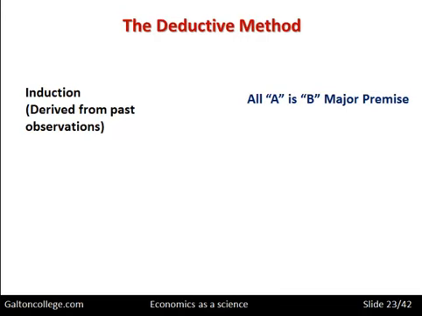So we've based it on our past observations and we've induced that all A is B. Every time the price of petrol rises, less petrol is sold. Every time. We've got that by making observations. We made a lot of observations. We come up with this generalization. Through the principle of enumeration, we've counted up and we said, okay, we'll generalize. Every time the price of petrol rises, less petrol is sold. All A is B.